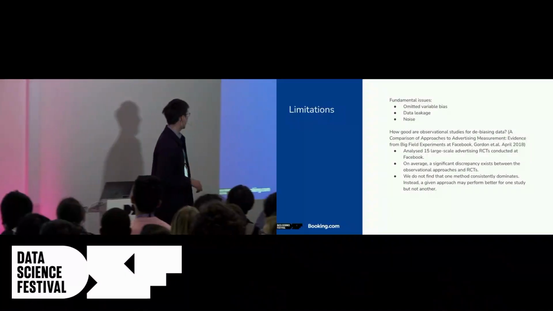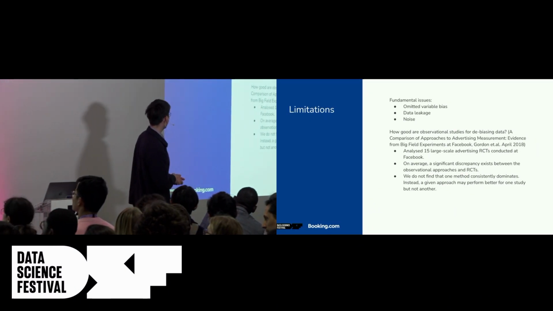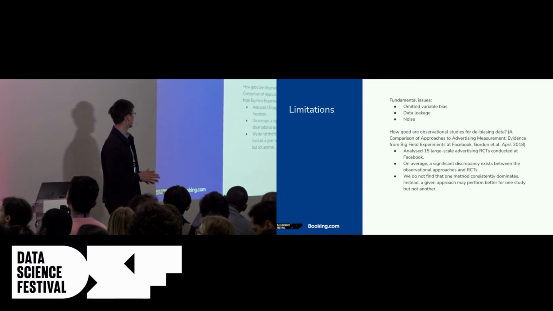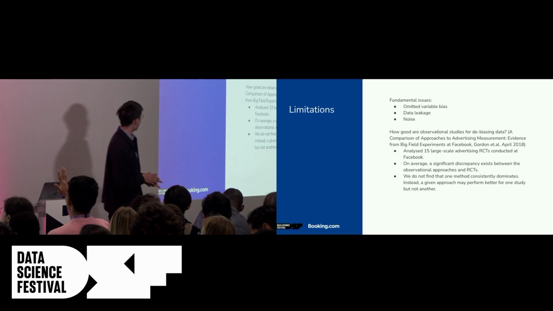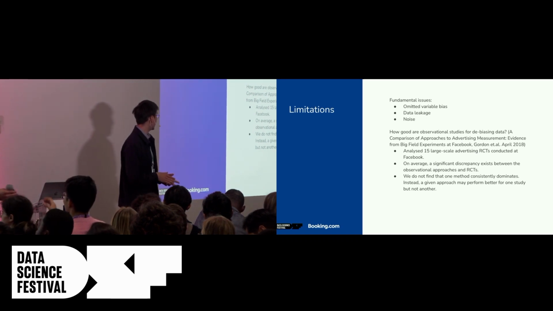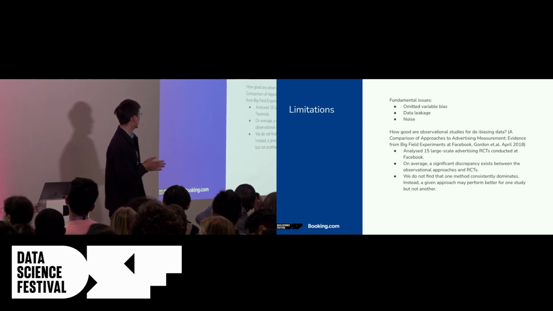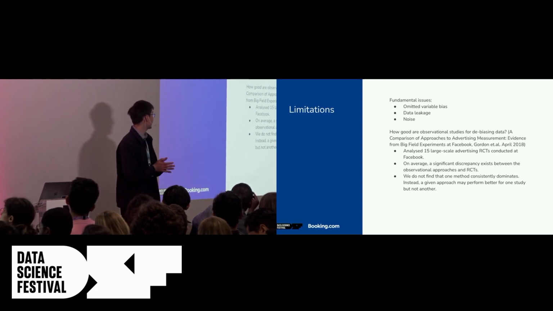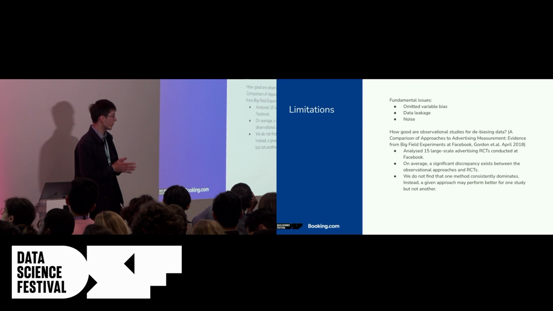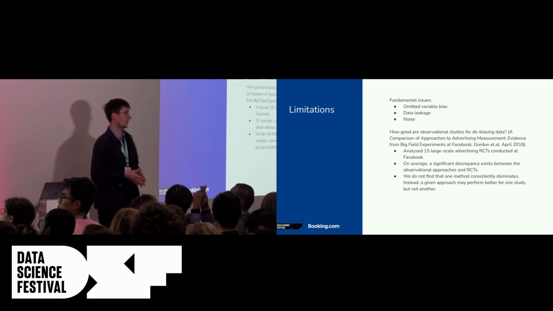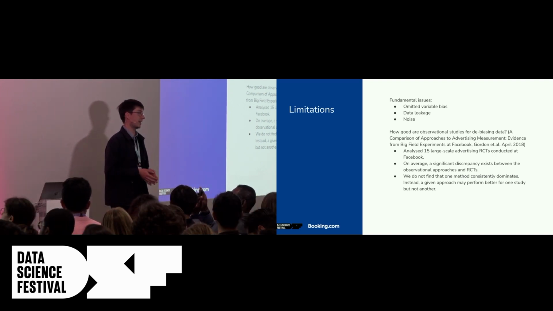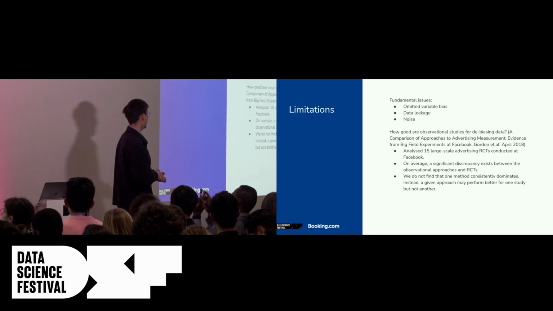So just to come back to this slide, I would highly recommend the paper made by Facebook, titled A Comparison of Approaches to Advertising Measurement: Evidence from Big Field Experiments. They analyzed 15 large-scale advertising randomized controlled trials conducted at Facebook. And on average, they found a significant discrepancy between the causal inference estimates and the randomized controlled trials.